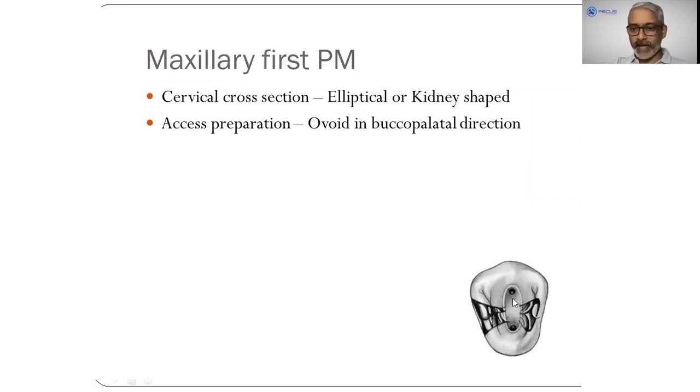This ovoid access preparation is done in a bucco-palatal direction. Usually when you do a class 1 restoration, you always go mesio-distally. But in the case of an access preparation, the maxillary premolar always has to go in a bucco-palatal direction, and the access preparation will be ovoid in shape.